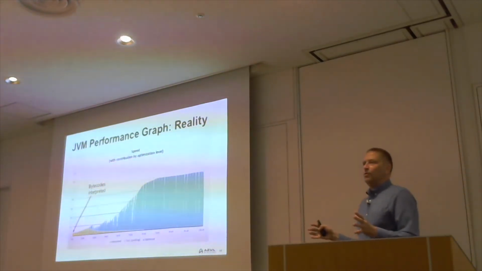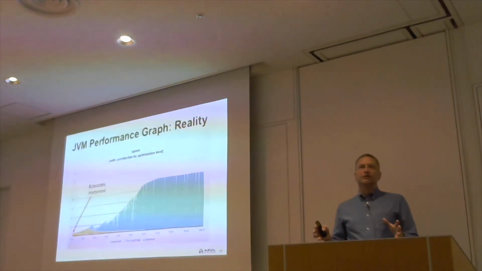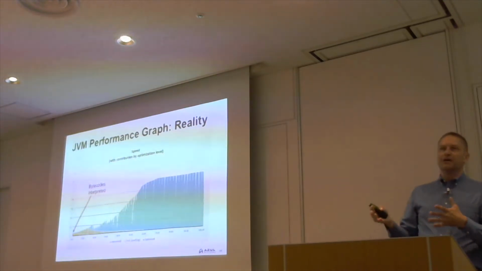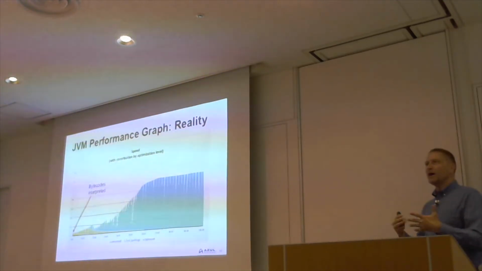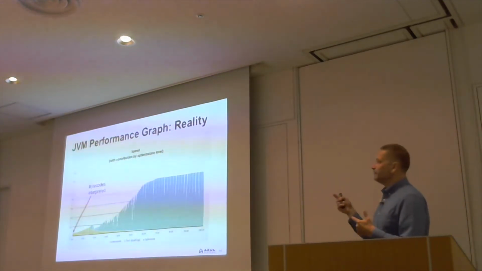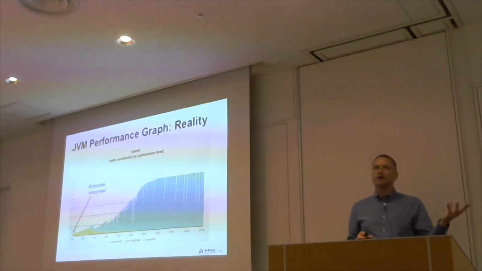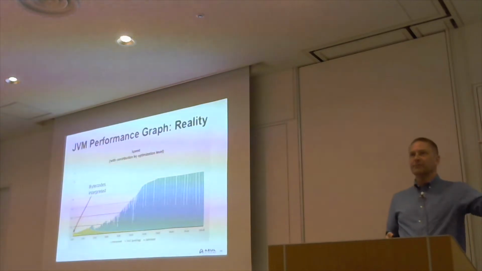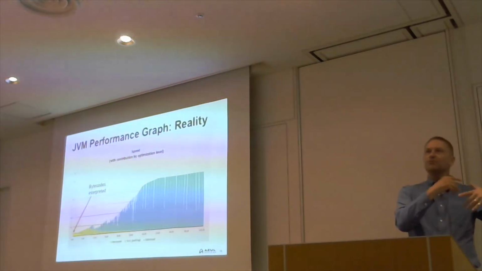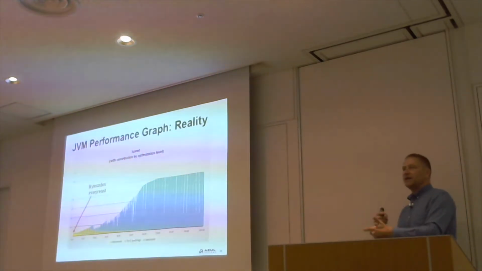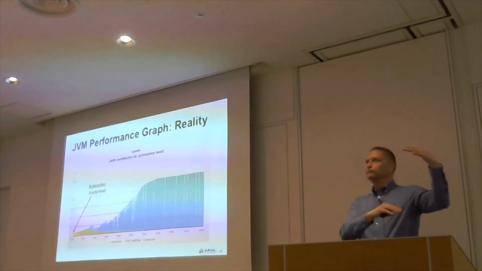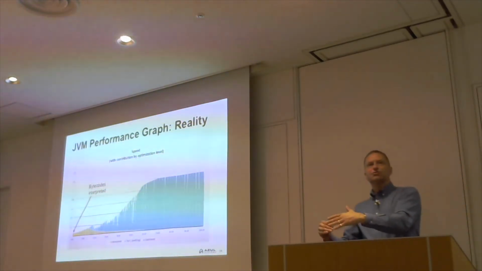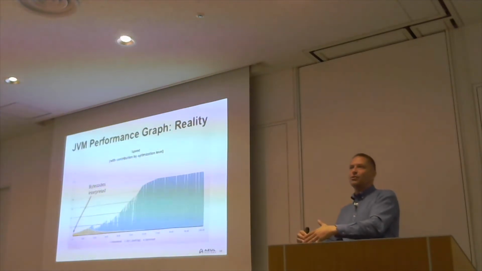To get around that problem, the developers of Java came up with some useful ideas. Probably wasn't their idea originally, but they looked around and saw what other people had done. And they said, right, let's take those bytecodes, and when we figure that there's a loop that we're running a number of times, rather than interpreting the same bytecodes again and again and again, let's take that method or that loop and let's compile it into the native instructions for the platform it's running on.